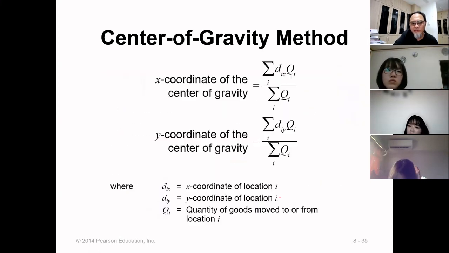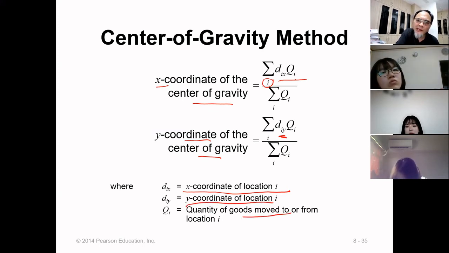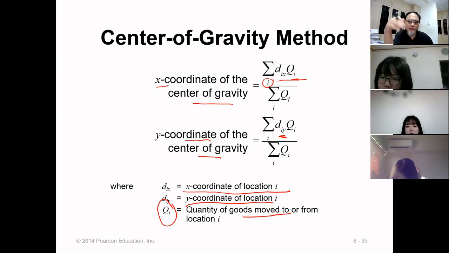So you use this basic formula: the x coordinate of the center, that means the new location. X and Y are the coordinates of the new location, the center of gravity. It is the sum of dix, the x coordinate of location i, and diy is the coordinate for y, and qi is the quantity of goods moved to or from location i.